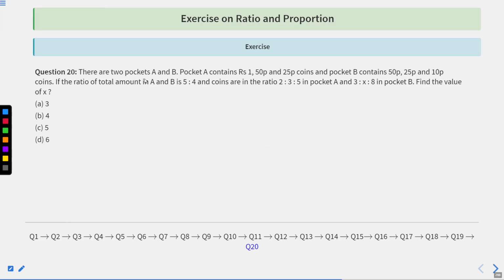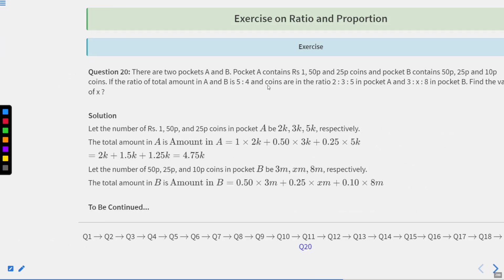So there are two pockets A and B. Pocket A contains 1 rupee, 50 paisa and 25 paisa coins, and pocket B contains 50 paisa, 25 paisa and 10 paisa coins. If the ratio of total amount in A to B is 5:4, and the coins are in ratio 2:3:5 in pocket A and 3:x:8 in pocket B, find the value of x.